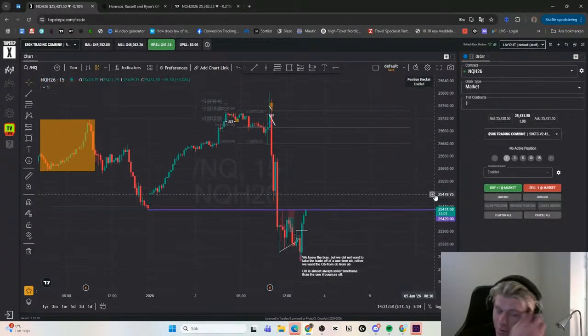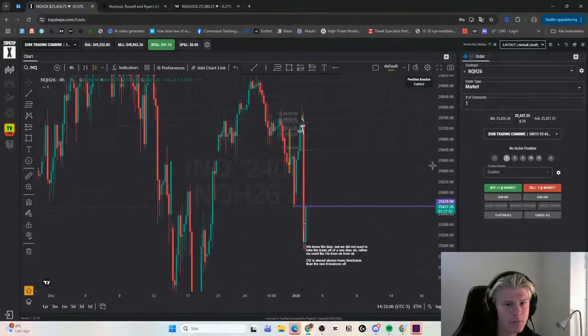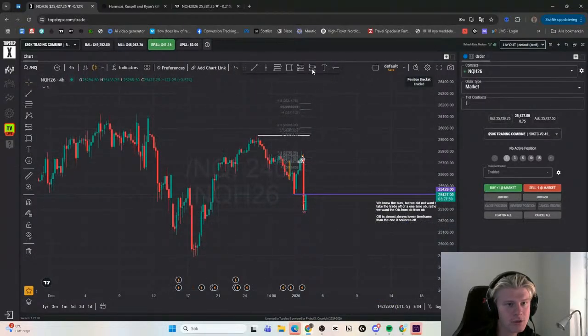Interesting. This could be a really, really good setup. I'm gonna take it for my scalping as well, like a higher time frame opportunity.